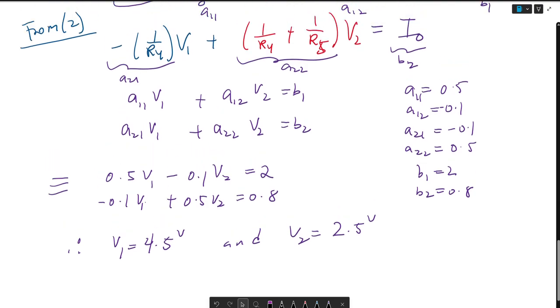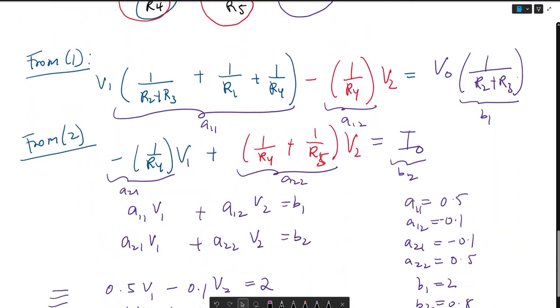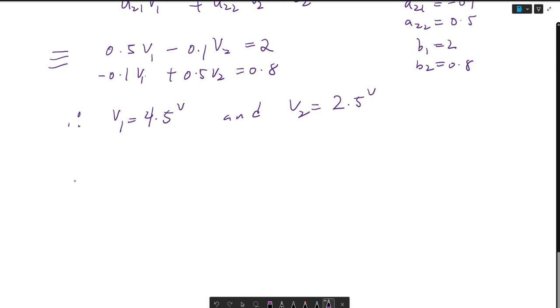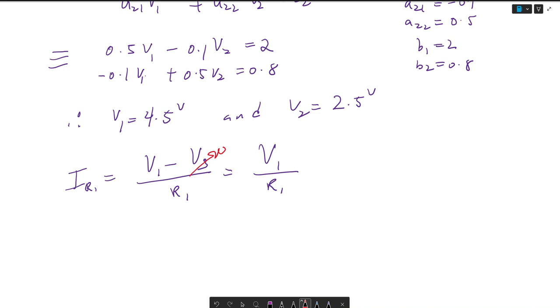So if you're asked to find the voltage VR1, again, the current through R1, so current through I1 is equal to V1 minus V3 over R1, or V1 over R1, since V3 is just 0.